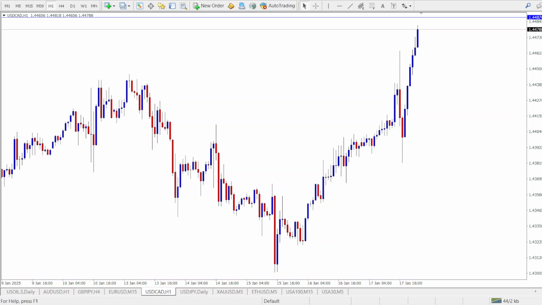The New York market opens around 8 a.m. Eastern Time, which is around 1 p.m. GMT, while the London session opens around 8 a.m. GMT and closes by 5 p.m. GMT. You might want to check how the market reacts during that period, and specifically during the overlap with the New York session, which is around 1 p.m. to 5 p.m. GMT.